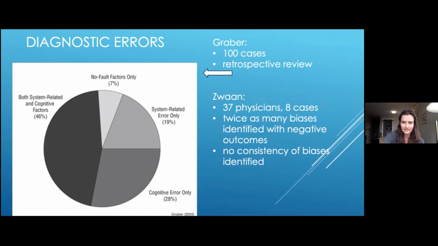And what they found was that these doctors evaluating the cases were about twice as likely to believe that there had been bias if there was a negative outcome, if the doctor had reached the wrong conclusion, than with the same case where the doctor had reached the right conclusion. And when they were asked to identify which biases had come into play, there was essentially no congruency.